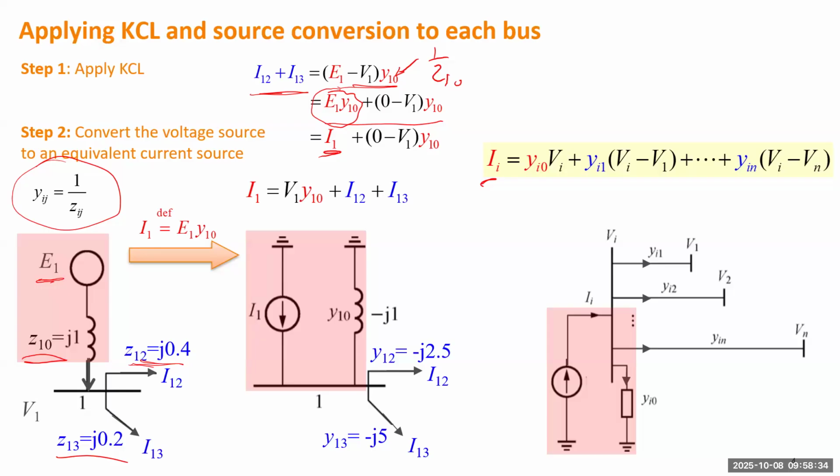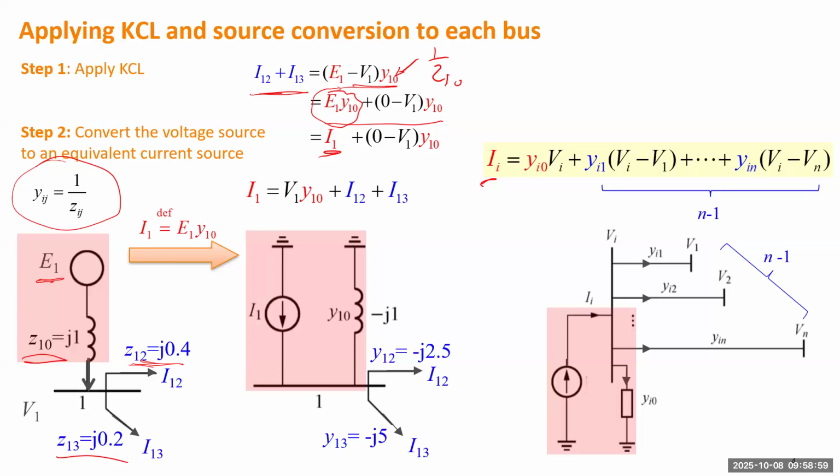And for each branch, we have a current going to the neighbors. If we assume the system has a total of n buses, there will be n-1 neighbors, so there will be n-1 such branches, and for each branch we have 1 item.